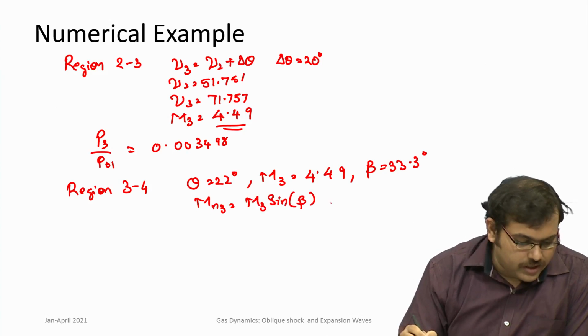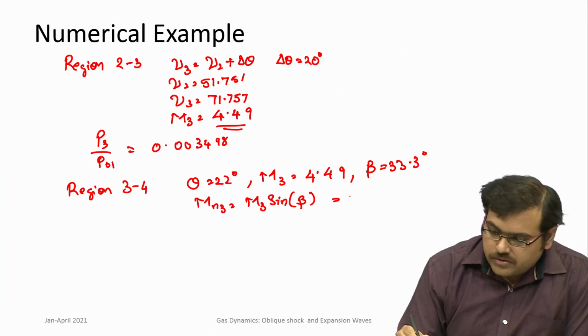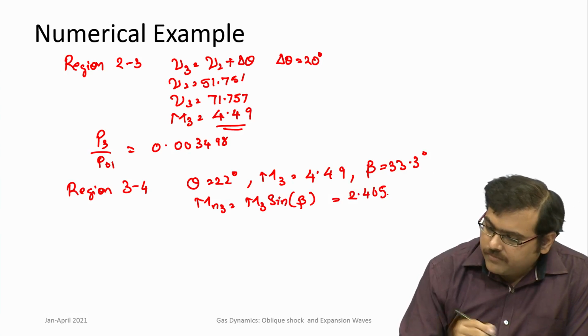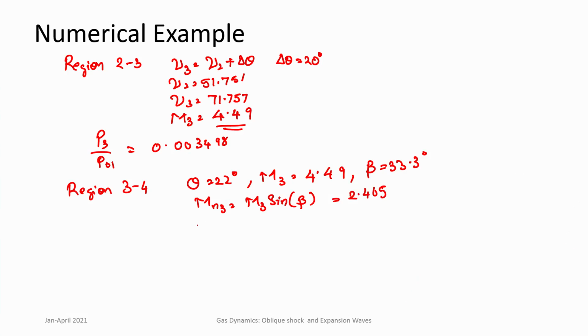Mn3 is 2.465. And you will get Mn4 from here, and from Mn4 you can get M4. M4 is Mn4 by sin of (beta minus theta).